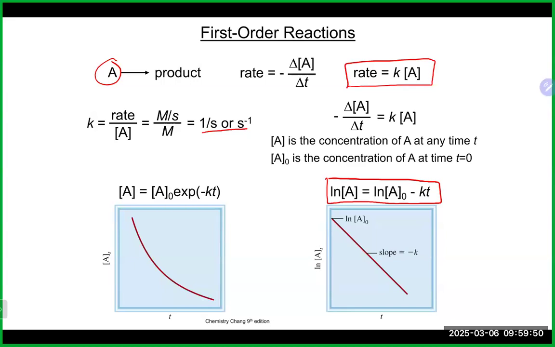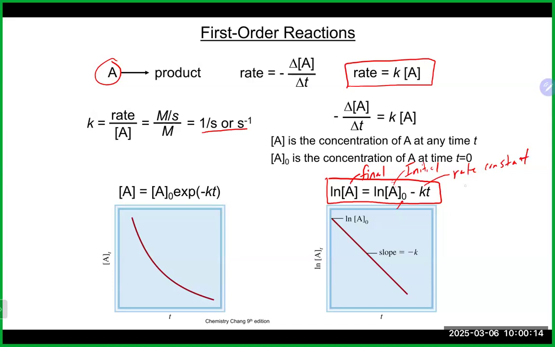And that, for a first order reaction, is the natural log of A, where A is your final concentration, equals the natural log of A naught. The A naught, and naught is like that little circle on the bottom there, is the initial concentration. K here is actually the rate constant.